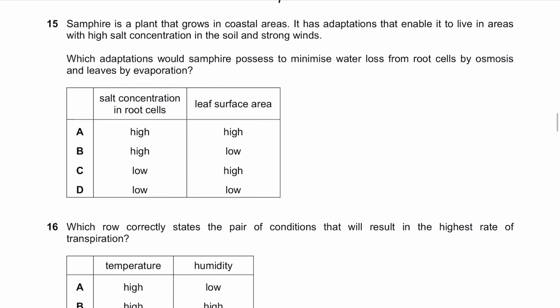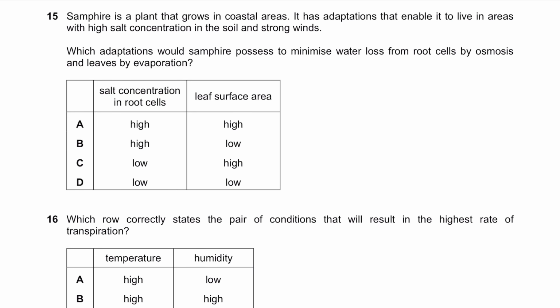Question 15. Samphire is a plant that grows in coastal areas. It has adaptations that enable it to live in areas with high salt concentration in the soil and low water potential. Which adaptations would samphire possess to minimize water loss from root cells by osmosis and leaves by evaporation?